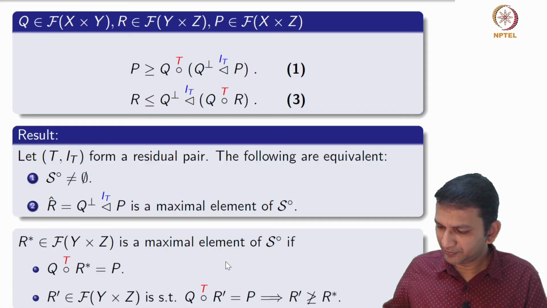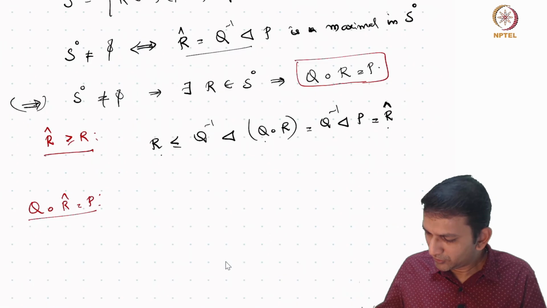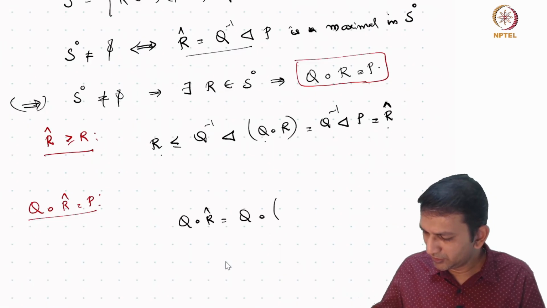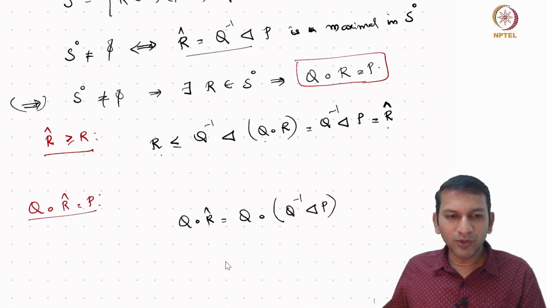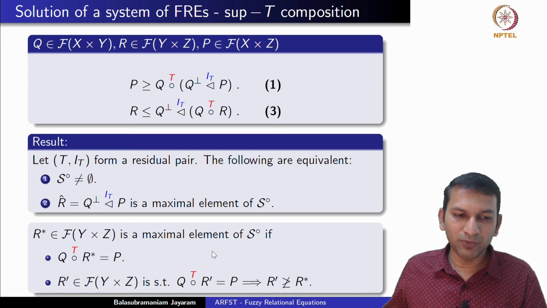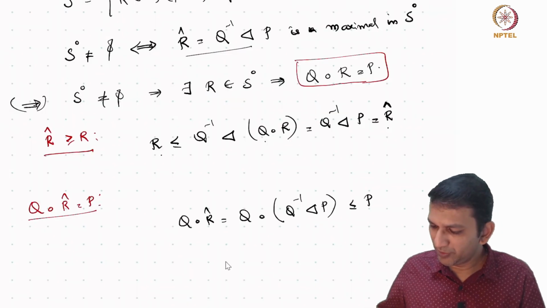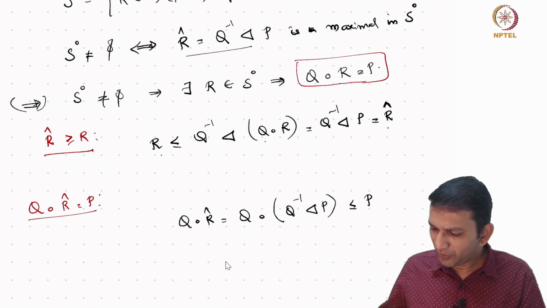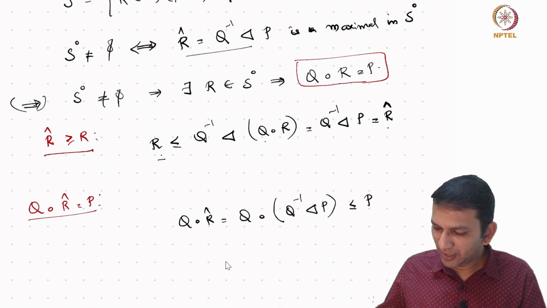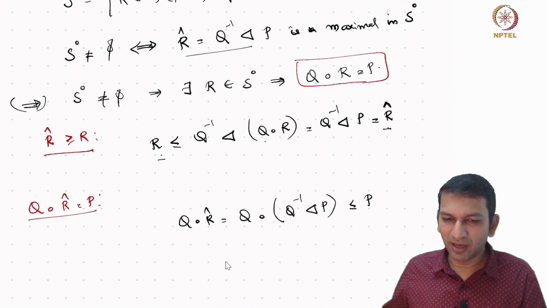Now, look at the equation number 1. So now, Q circle R cap is equal to Q circle Q inverse delta P. But now if you look at inequality 1, we see that this is actually less than or equal to P. But we also know that any R is smaller than R cap.